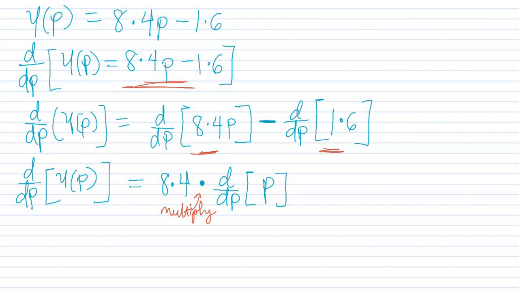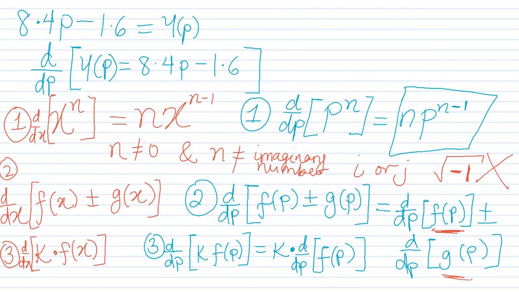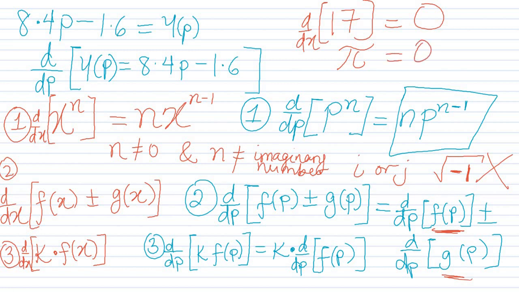that is always going to give you 0. So if we differentiate 17 with respect to say x, it's going to give you 0. If you differentiate pi, which is approximately 3.14, it's going to give you 0. If we differentiate a billion, you're going to get 0. So that's the same mentality that we have here.